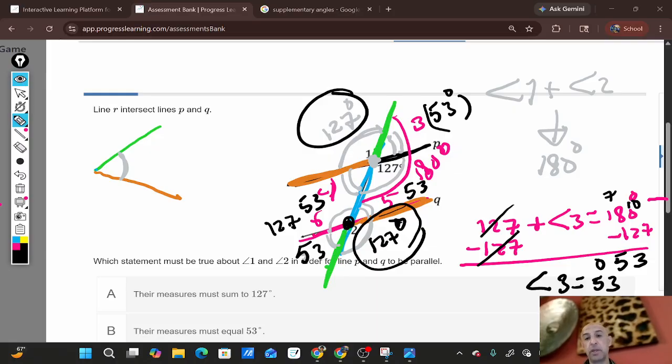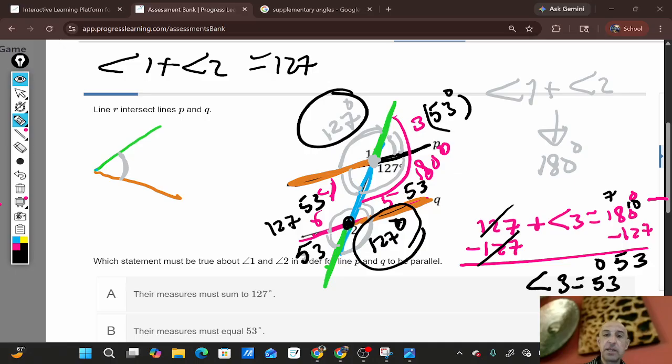Do you think these angles sum is 127? So is the sum of 1 plus 2, I'm talking about the option 1, equal 127? What is the measurement of angle 1? Correct, it's 127. What is the angle 2 measurement? Here it's 127. Do you think 127 equal to 127?